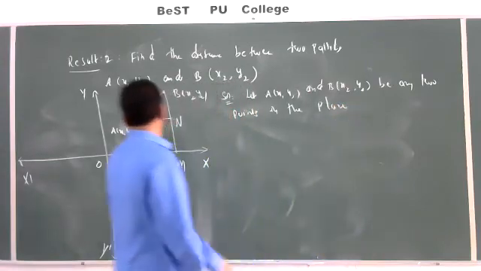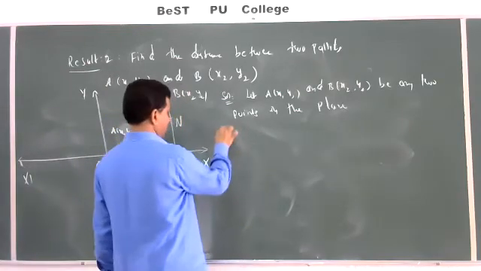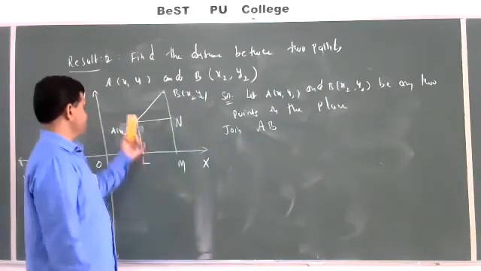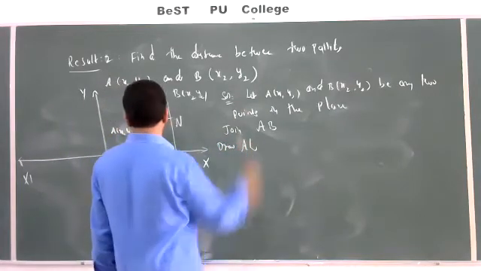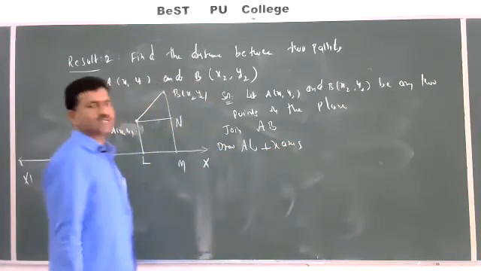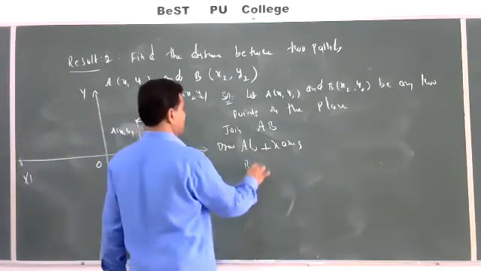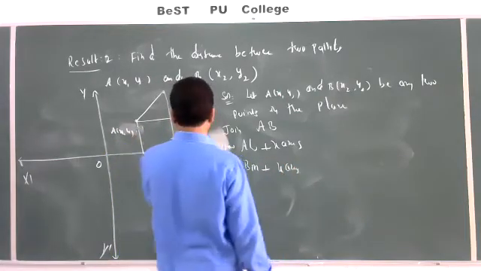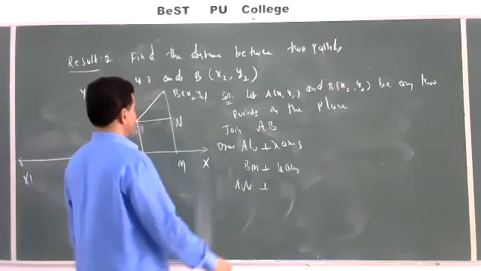Now join AB. Just follow the order. Join AB. Next, draw AL perpendicular to the x-axis, BM perpendicular to the x-axis, and AN perpendicular to BM.